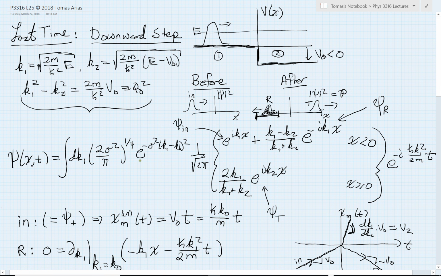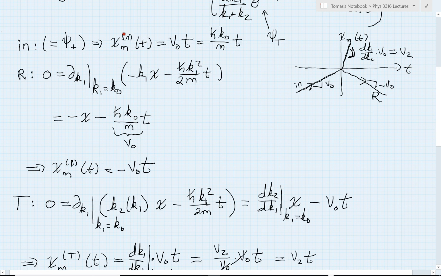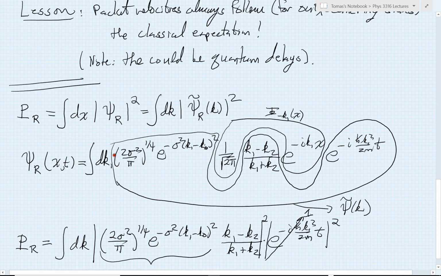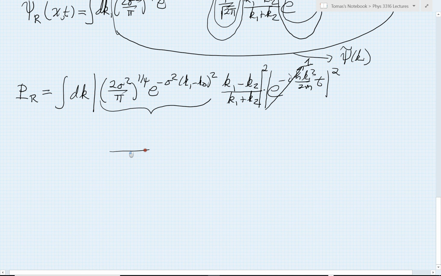That is the whole purpose of these weights. It makes a nice normalized packet, but the particular packet it makes has momenta distribution P(k), and P(k1), because I'm writing everything as a function of k1, is peaked when k1 is near k0. So I have this very sharp peak there, like so.